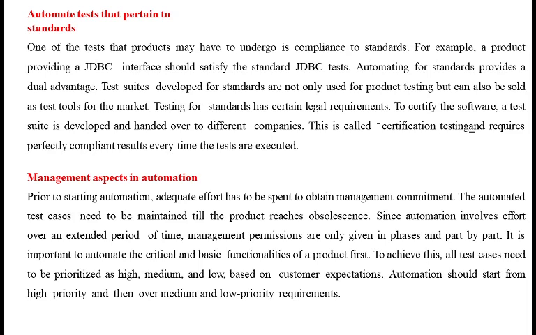Next scope is management aspects in automation. Prior to starting the automation, adequate effort has to be spent to obtain management commitment. The automation test cases need to be maintained till the product reaches completion.